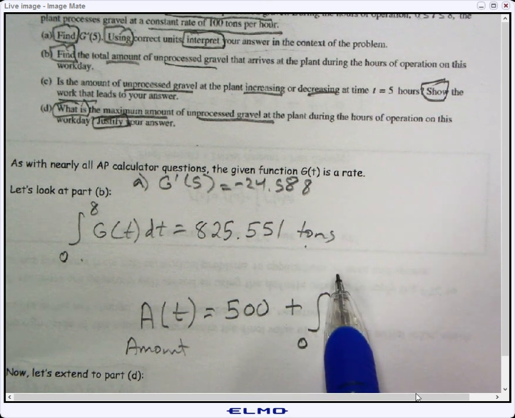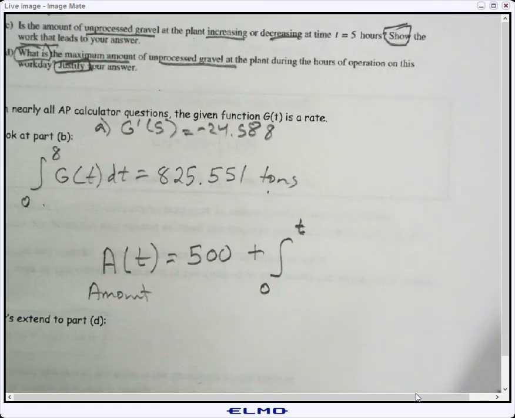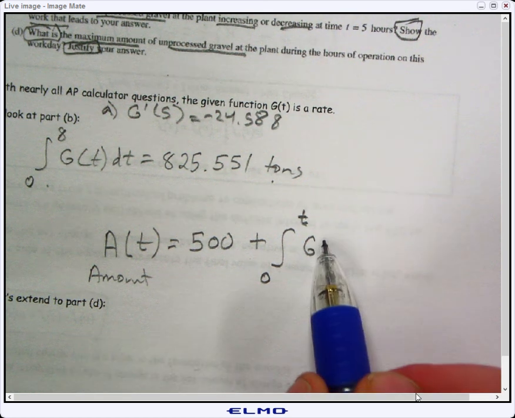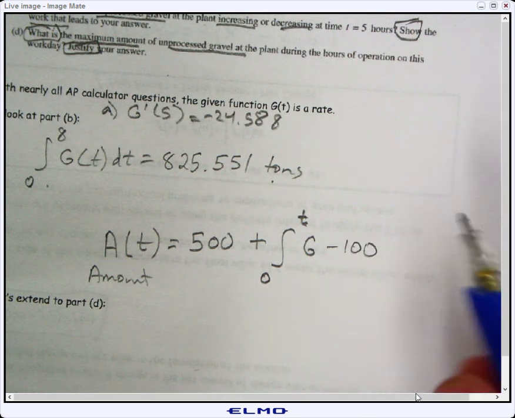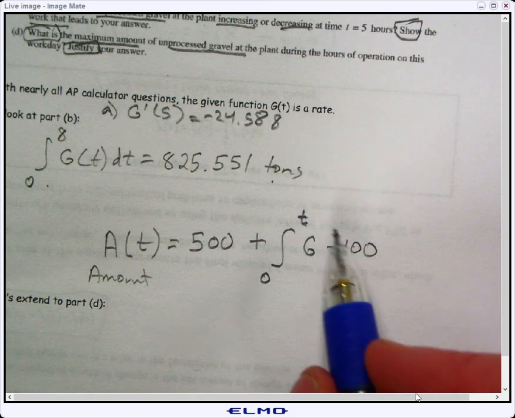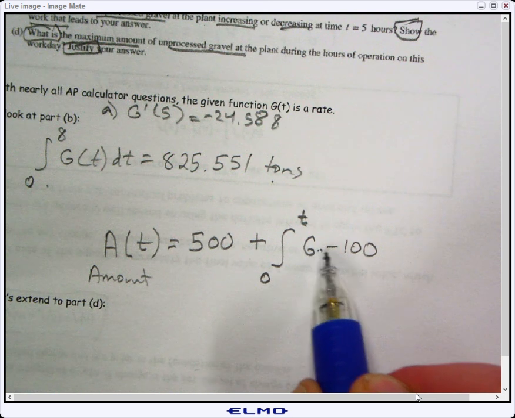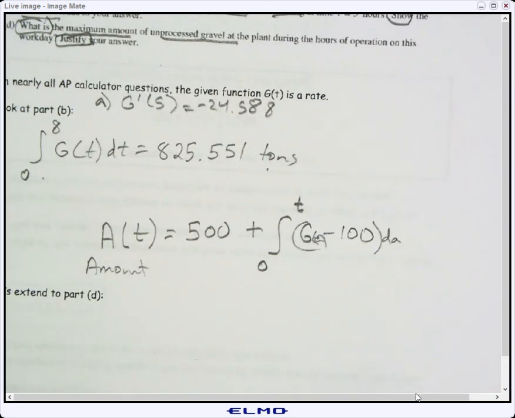So from 0 to t, and we're saying 0 to t because t is 8 at the end, but we want to check all the way along the middle. The amount of gravel that arrives is g, and the amount of gravel that leaves is 100 per hour. Since this is t, we want to pick a different variable. Let's call it a. So g of a, da, whatever. I don't think that will be a sticking point.